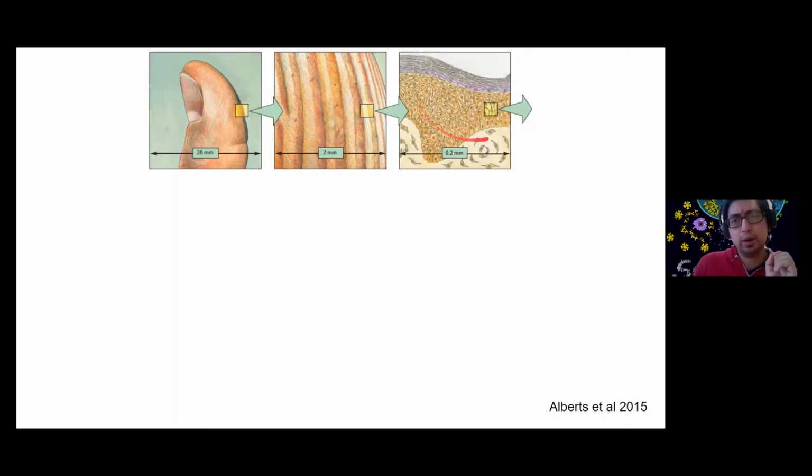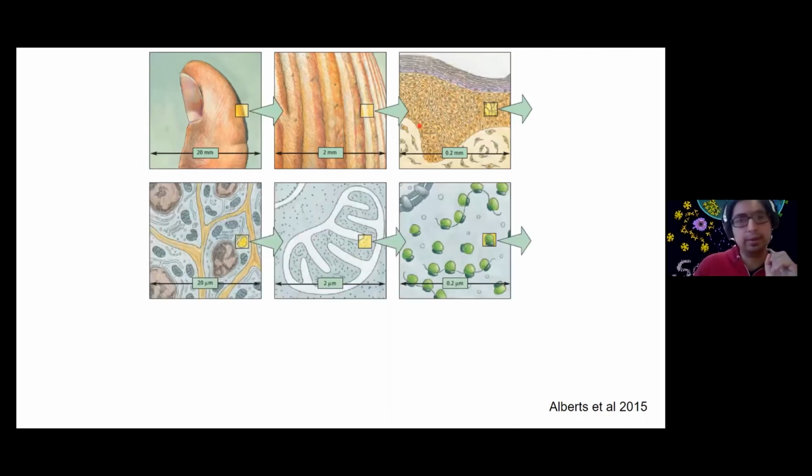And going even lower, you can see the cells in that part. You can see the skin cells, maybe some stem cells that renew the skin all the time, and the fibroblasts. And so there's the dermis and the epidermis in those fingertips.